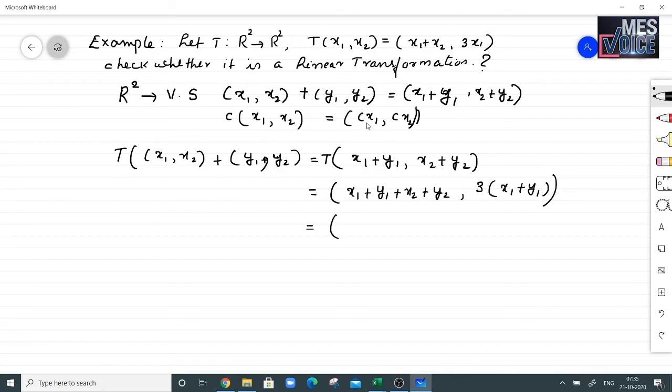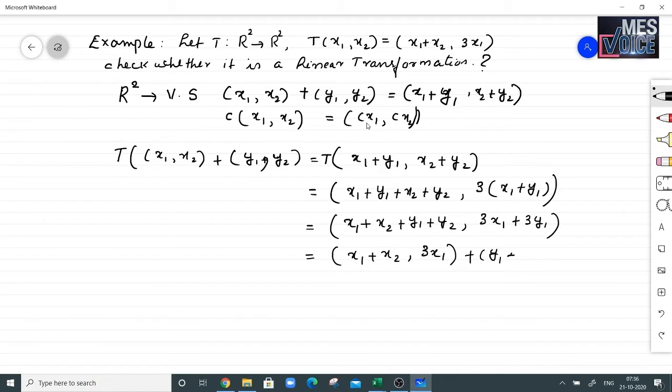This is equal to, let us rearrange it, that is (x1 plus x2 plus y1 plus y2, and here we open the bracket, 3x1 plus 3y1). This is equal to, we can split this into two coordinates, that is (x1 plus x2, 3x1) plus (y1 plus y2, 3y1).